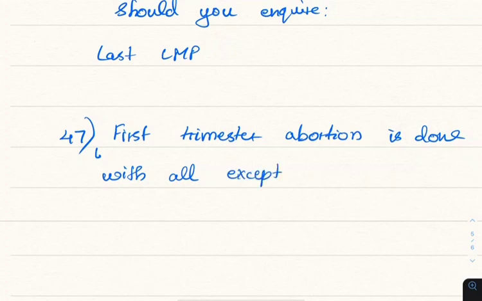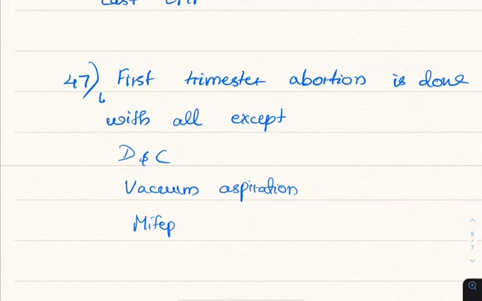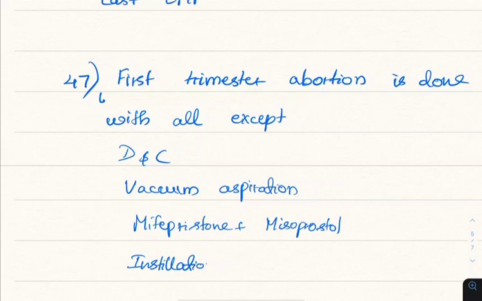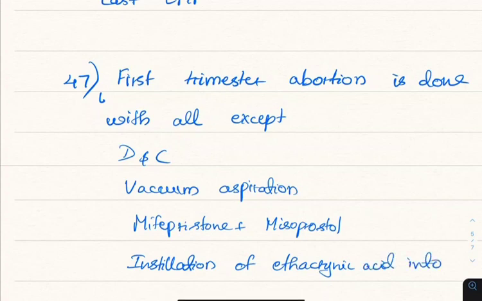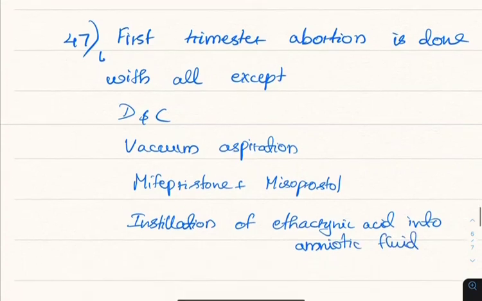So the options were D&C, then vacuum aspiration, and another one was mifepristone plus misoprostol, and the next option was instillation of ethacrynic acid into amniotic fluid. So this is a little confusing question for me.